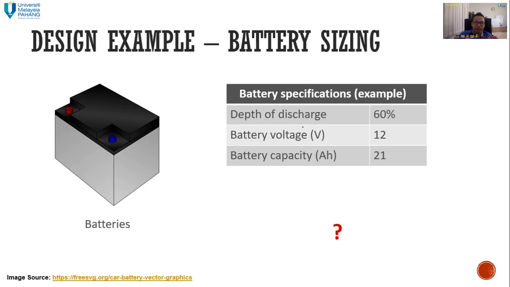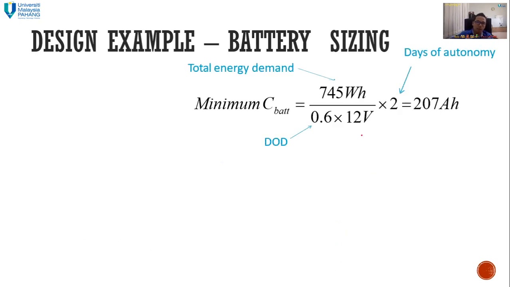So for the example here, let's say we have this kind of battery. Depth of discharge is 60%, battery voltage is 12 volt and the battery capacity is 20 Ah. It's very easy to calculate. The minimum required capacity of the battery is the total energy demand over the DOD and the voltage of the SV, multiplied by the days of autonomy.